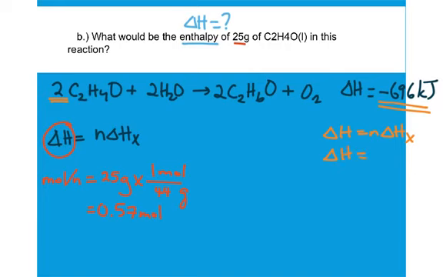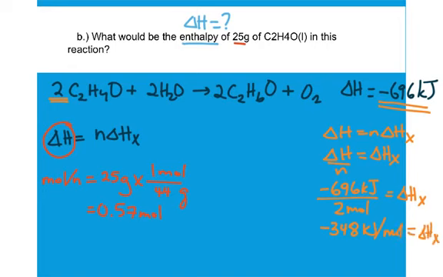Again, this should look pretty familiar to us. We've seen this before in method 3. We can take any balanced equation and the enthalpy that goes with it, use the moles from the balanced equation, and solve for delta HX for any ingredient. So in this case, we're getting negative 348 kilojoules per mole of that ingredient.